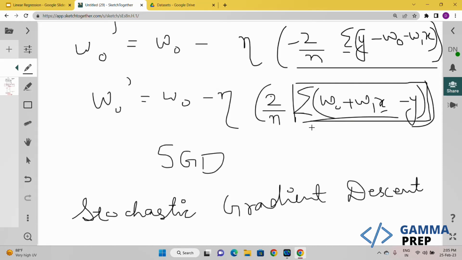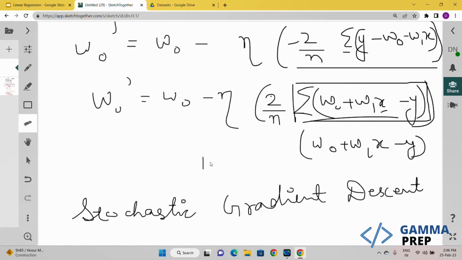Don't do the summation. Just randomly pick a point, and for that point, just figure out what W0 plus W1x minus y is. That's it. In the first iteration there could be one point, in the second iteration you can pick another point, in the third iteration you can pick another point.